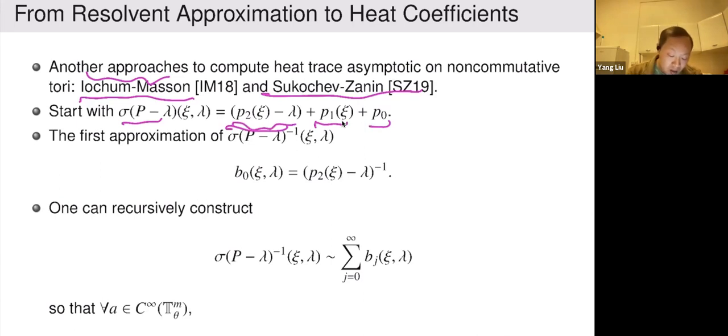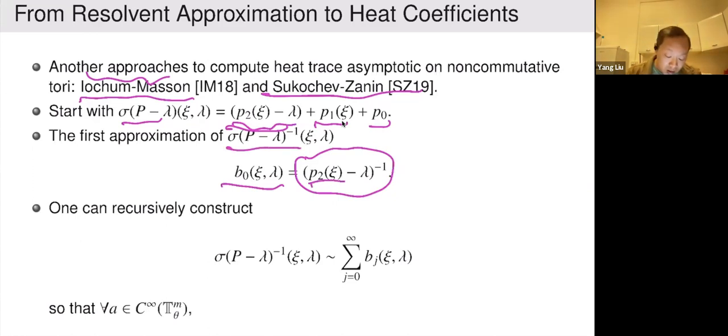The existence of the inverse is guaranteed by ellipticity: I assume this P2 is a positive element for non-zero psi. Therefore, the inverse makes sense. Then this inverse will be the first approximation to the symbol of the resolvent.